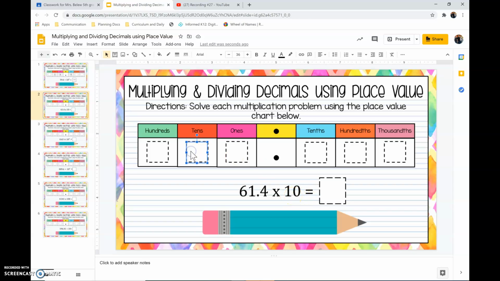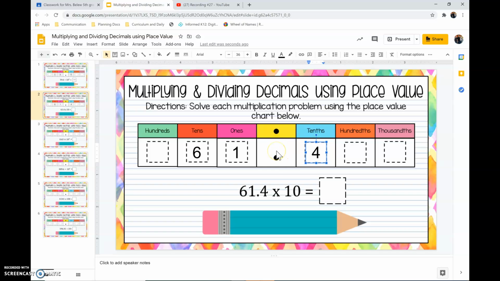So first I have to type in the decimal here. In this number, I have 6 tens, 1 one, and 4 tenths of a number. Well, since I have a 10, this decimal is going to slide 1 spot to the right. So the decimal is here.